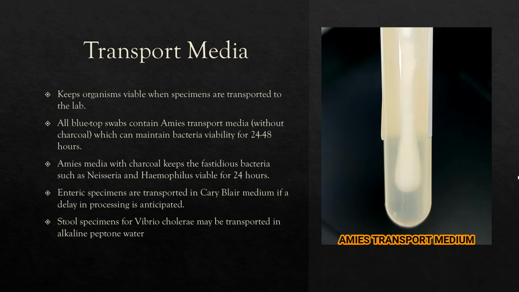Another example is Cary-Blair medium, and it is used for enteric specimens. And the third one is alkaline peptone water, that is used for stool specimens and is specific for Vibrio cholerae.